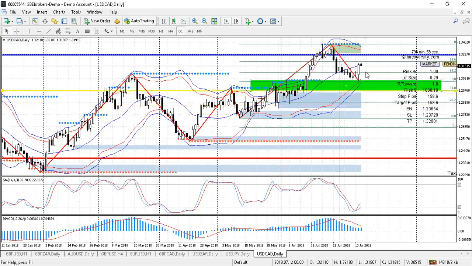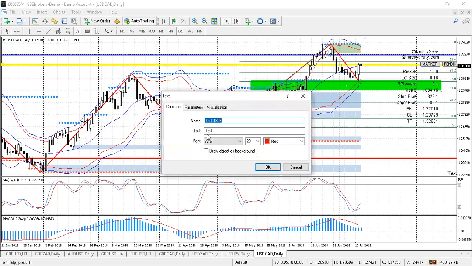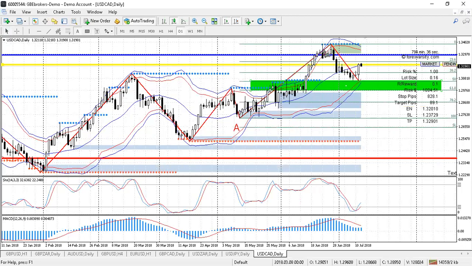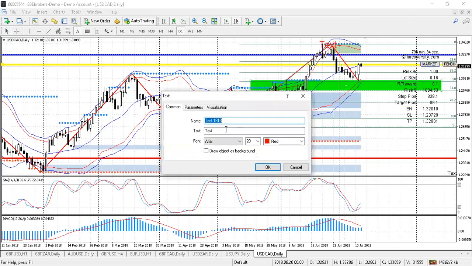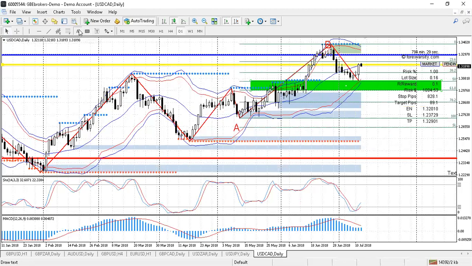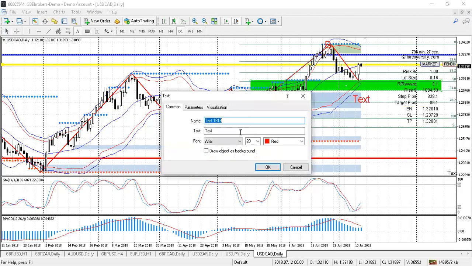So if you were to buy at the close of this candle here, then whenever you trade, if you consider this to be A and then B, and then obviously we're looking for C here, so we've identified our C point of trade.